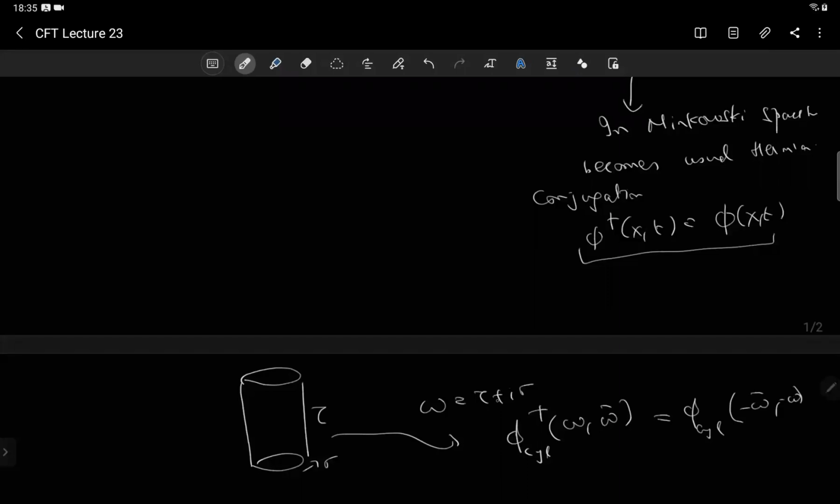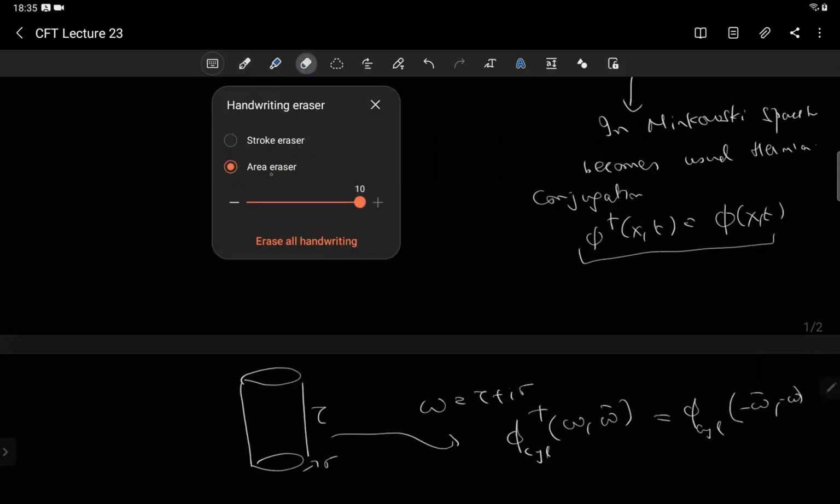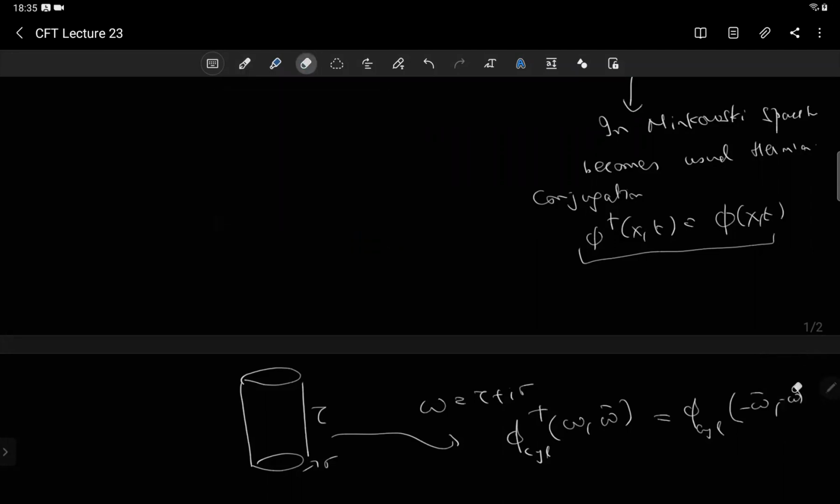This is because omega is tau plus i sigma. So when you take tau to minus tau, it will become minus omega bar, and similarly omega bar will become minus omega. So this is the corresponding condition in the Euclidean field theory on the cylinder.